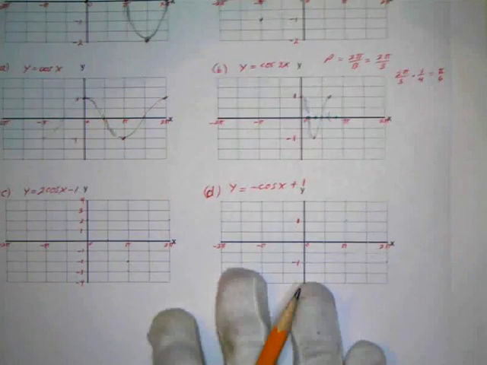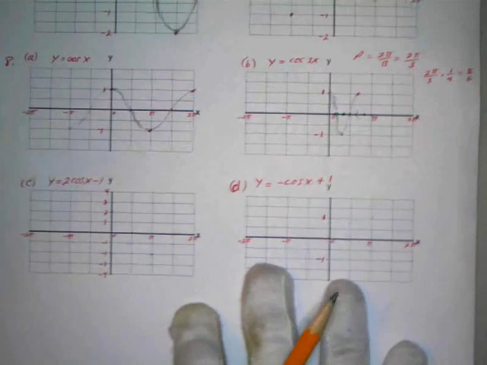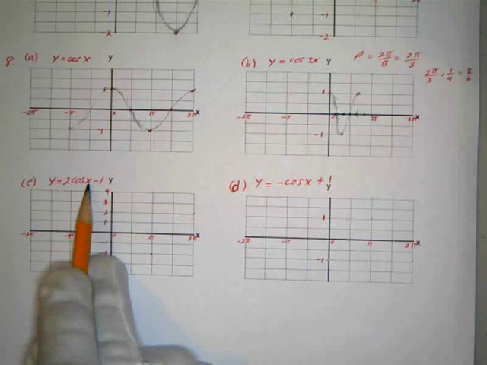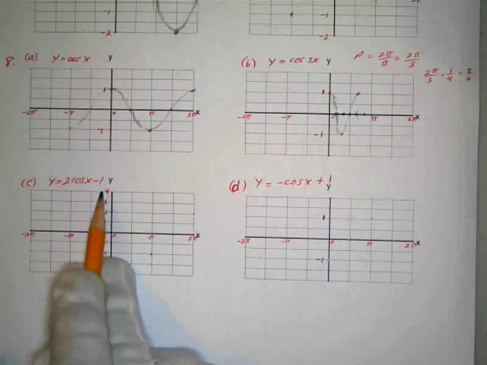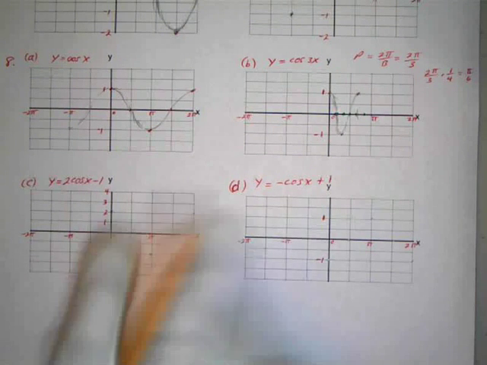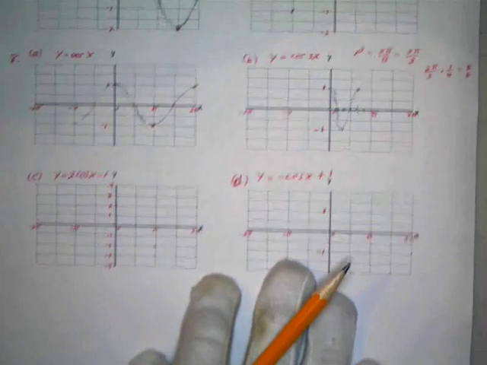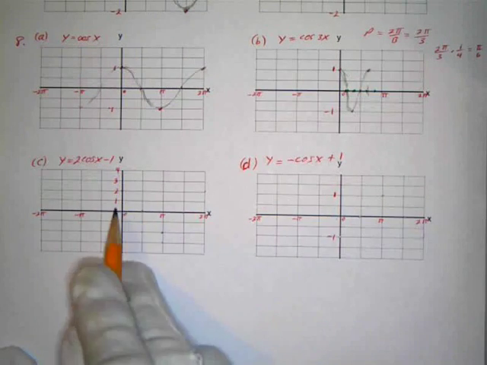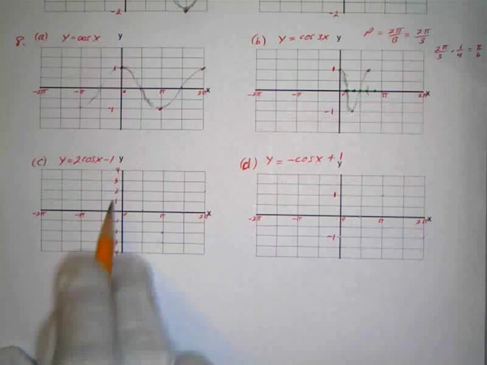All right. Okay, over here, letter C. Basically, we have a good old cosine, except now the amplitude is doubled. And then we're going to have a shift. So I'll just graph this part first, 2 cosine of x, and then I'll shift it. The cosine of x normally starts here. Now I had to change my scale, so sorry about that.